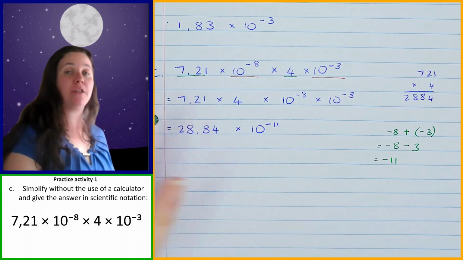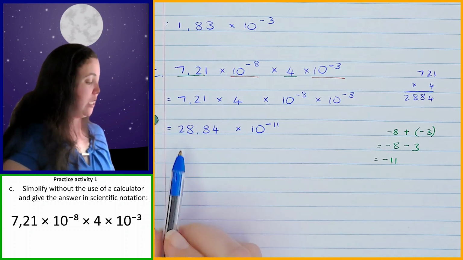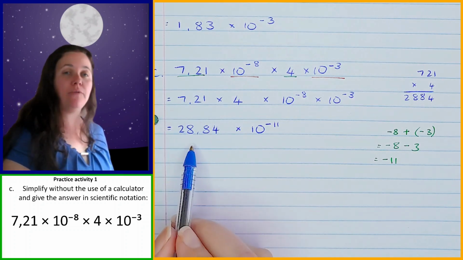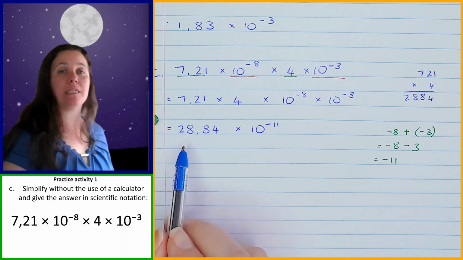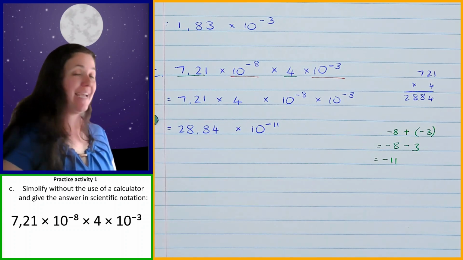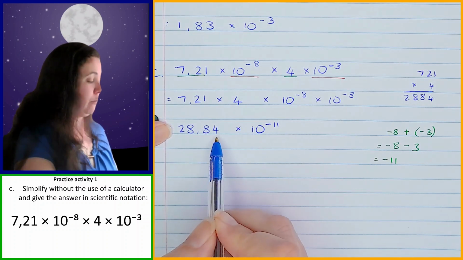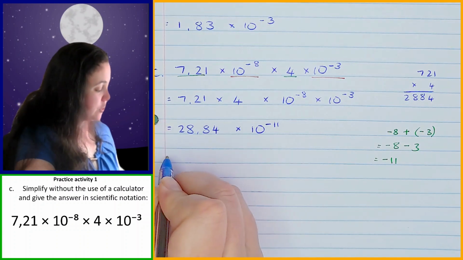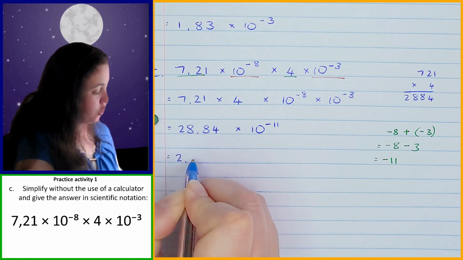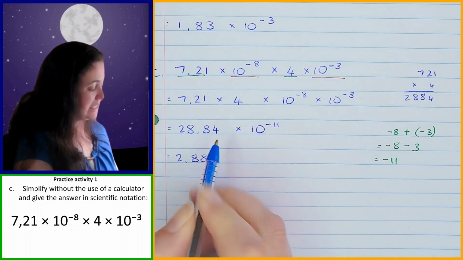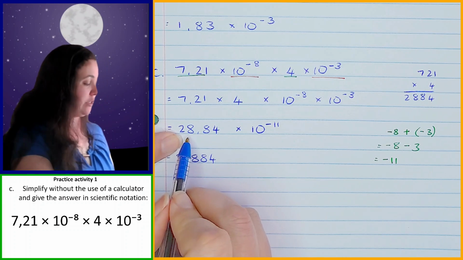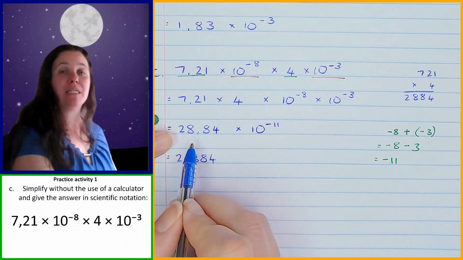Okay, so that's what you should get over there. Now we need to go and check that this is written properly in scientific notation. So once again, this one you can see over here, 28.84 is not between 1 and 10. It's too big, so I need to decrease it by dividing it by 10, which means I need to do the opposite over here. So this is going to be 2.884. My decimal point needs to be after the first non-zero digit, so it needs to be after the 2, but that means that I'm dividing by 10.